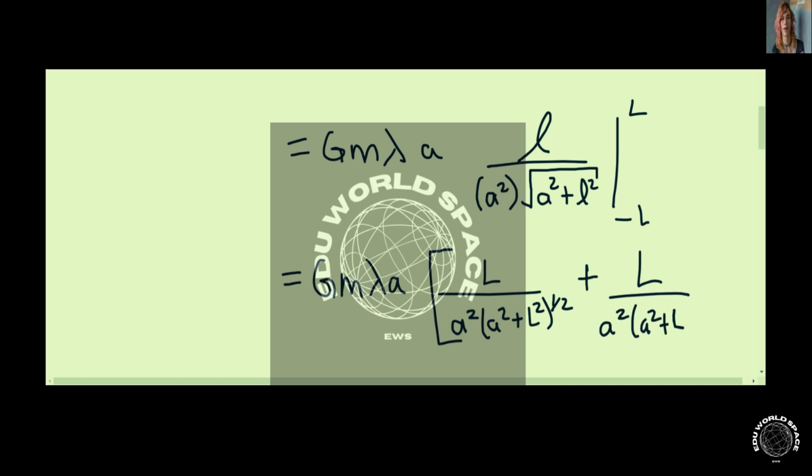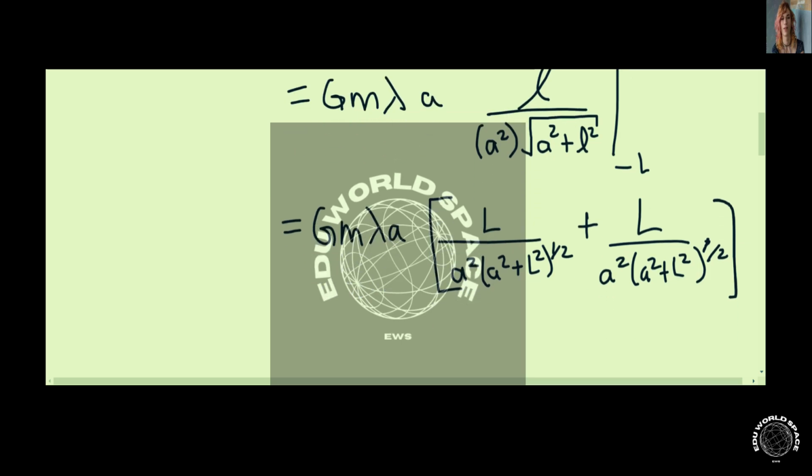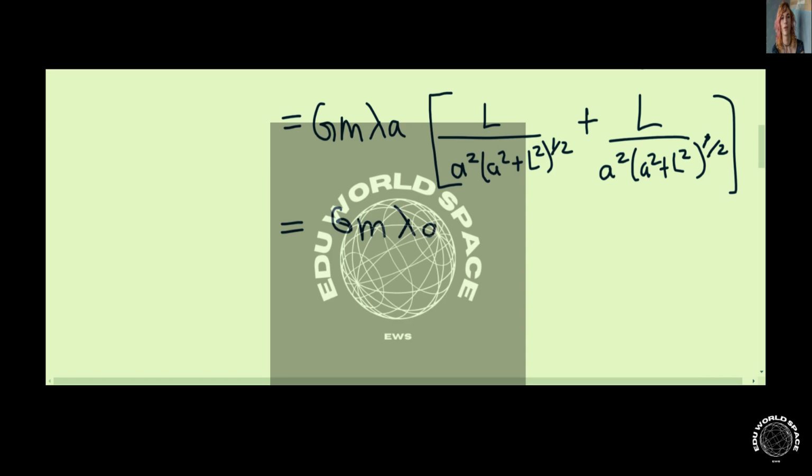So we basically get the exact same thing for the second term here. So we can combine those two things together. That'll give us a factor of 2. So we've got G m alpha times A times 2L all over what's on the bottom here.